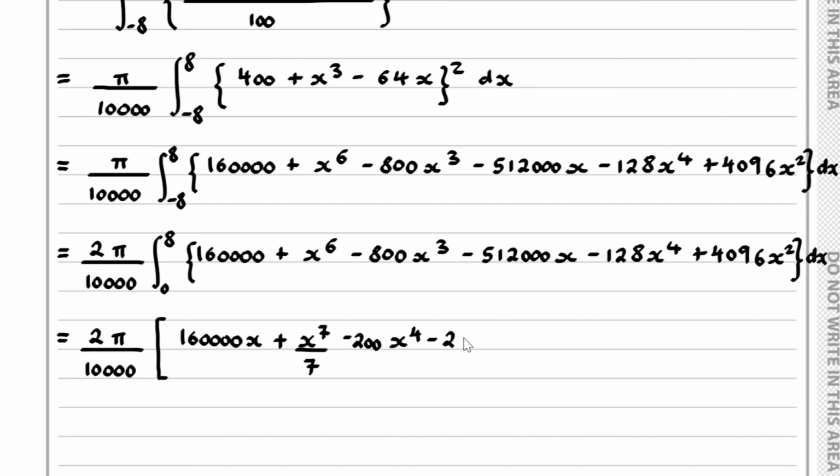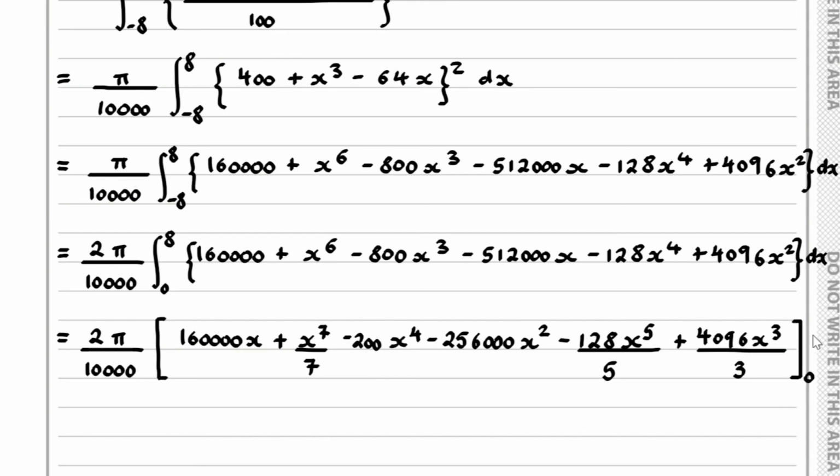We end up with minus 256,000 x squared, and then here we have minus 128 x to the 5 over 5, and then here 4096 divided by 3 x cubed. And then we are doing this from 0 to 8.